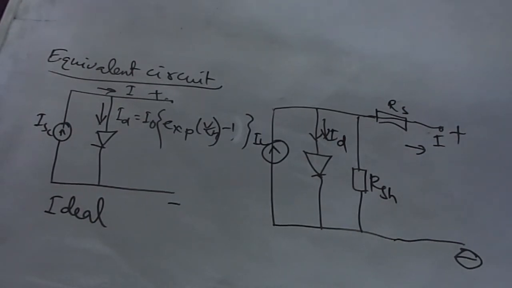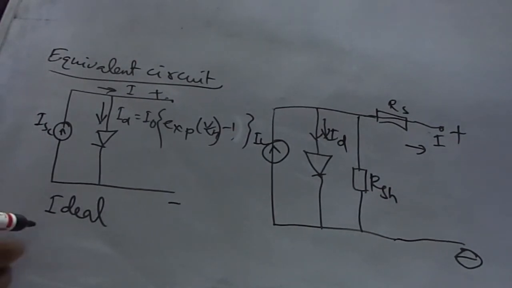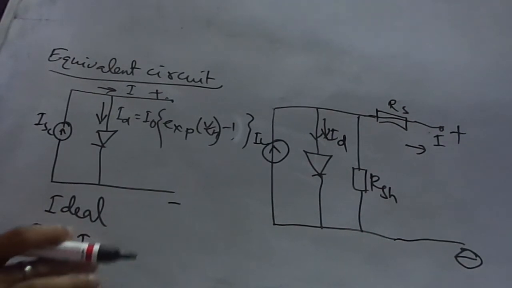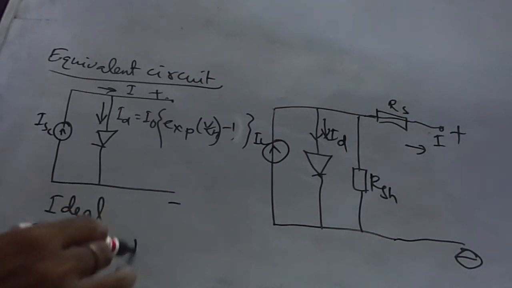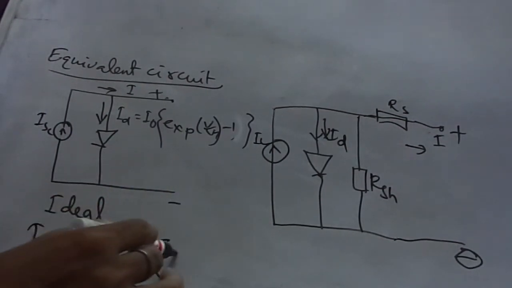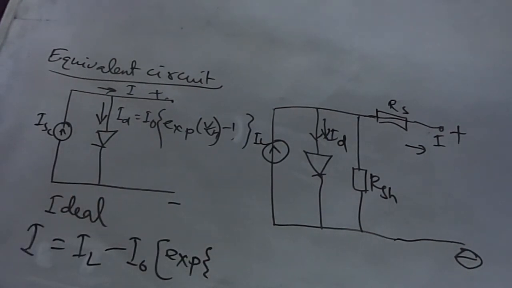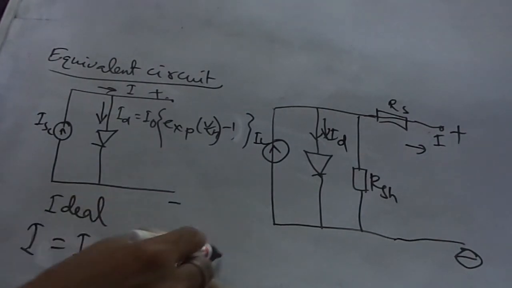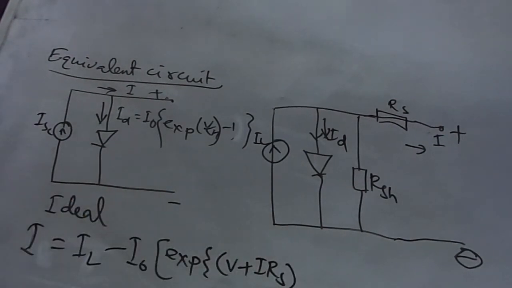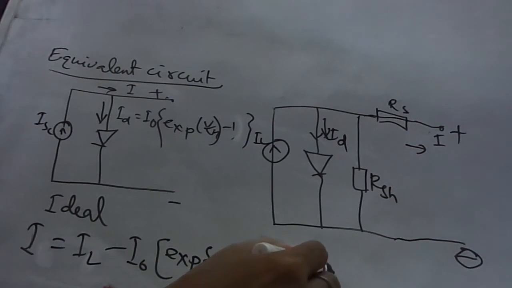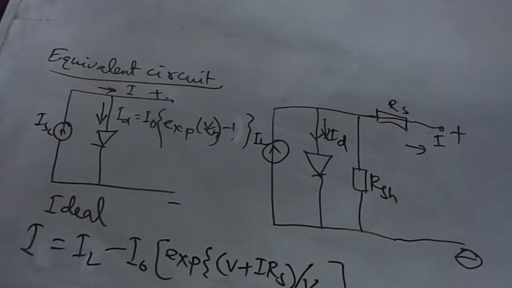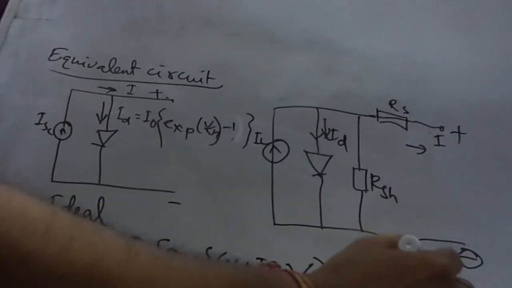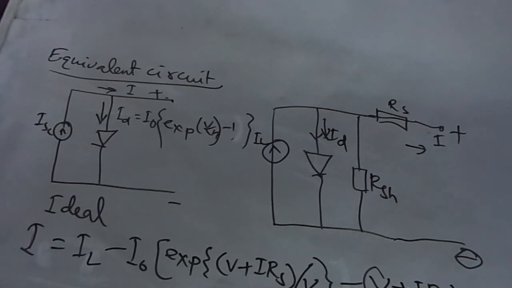For a practical cell, the formula is I is equal to IL minus I0 exp((V plus IRS) by VT) minus 1, minus (V plus IRS) by RSH.